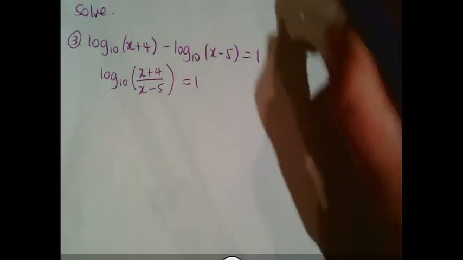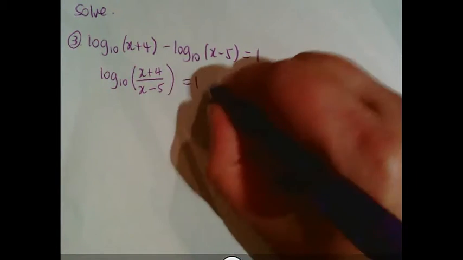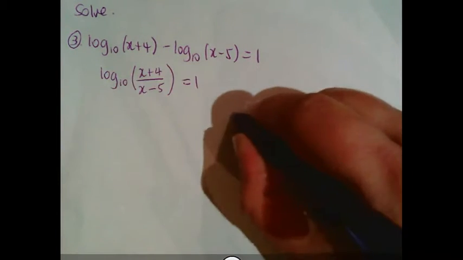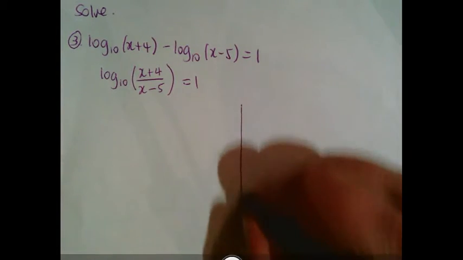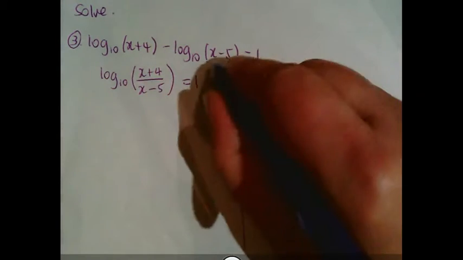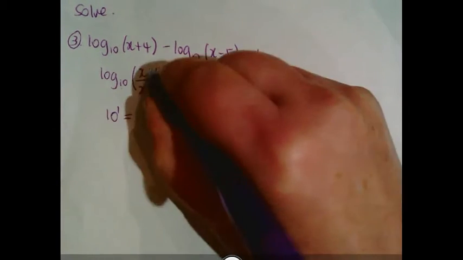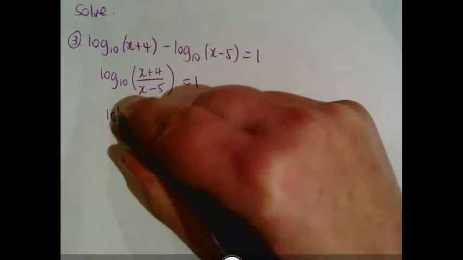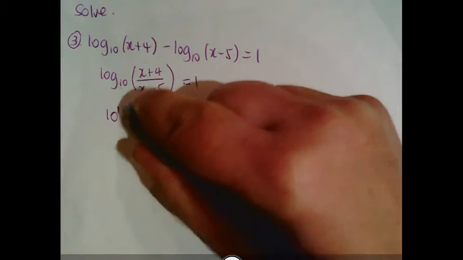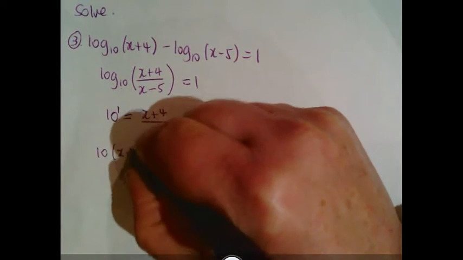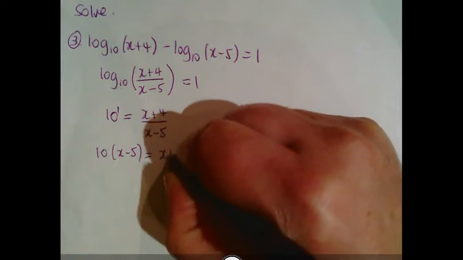Now, I'm going to do this two ways. One way is using powers: base 10 to the power of 1 equals x plus 4 over x minus 5. Base 10 to the power of 1 is just 10, so I can say 10 times x minus 5 equals x plus 4.